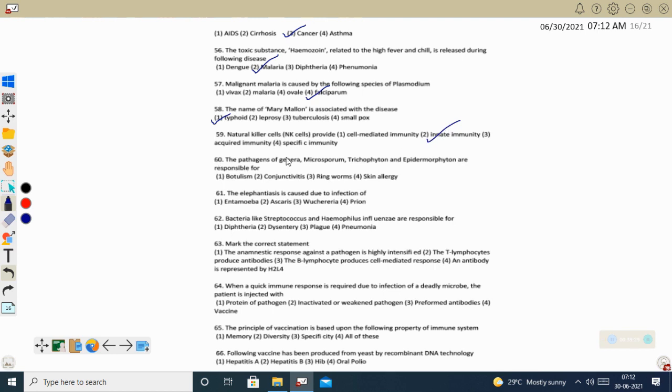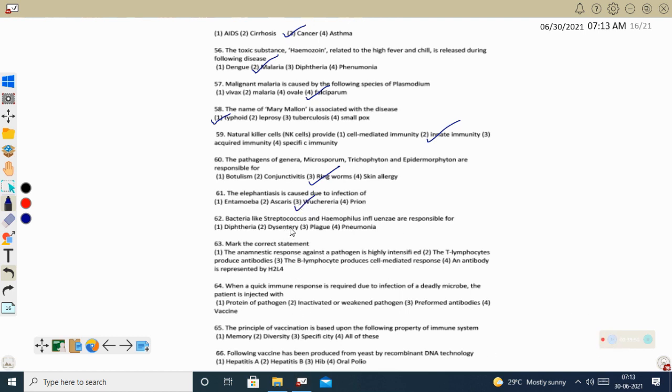Next one. The pathogens of genera Microsporum, Trichophyton, Epidermophyton are responsible for. These are the fungi which are responsible for the formation of ringworm. Okay, ringworm, fungal infections. The elephantiasis is caused due to the infection of. Elephantiasis is caused by a helminth, that is Wuchereria malayi and Wuchereria bancrofti.